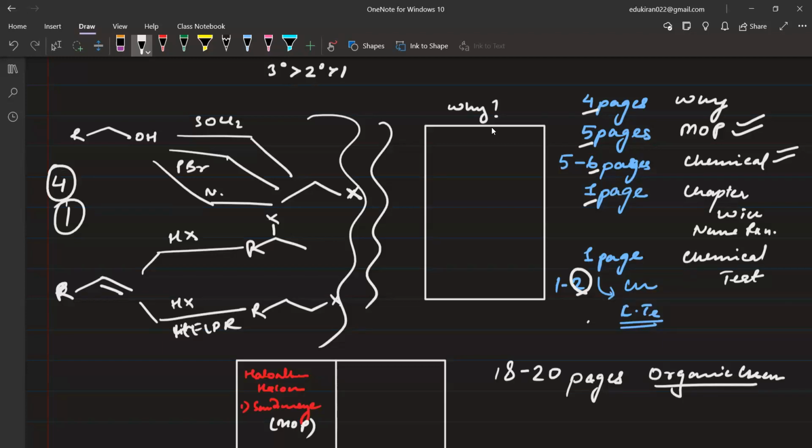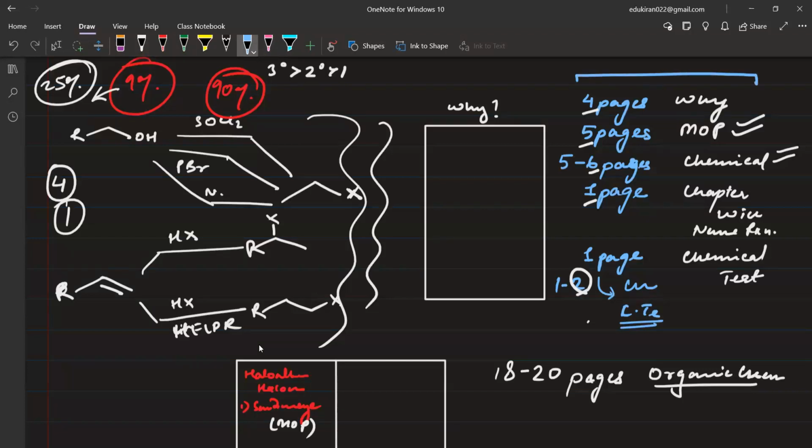CBSE releases statistics on how many students scored more than 90%, but they do not break it down by stream. The average is around 9% of students scoring more than 90%. Now, this ratio in my batch is 25%.